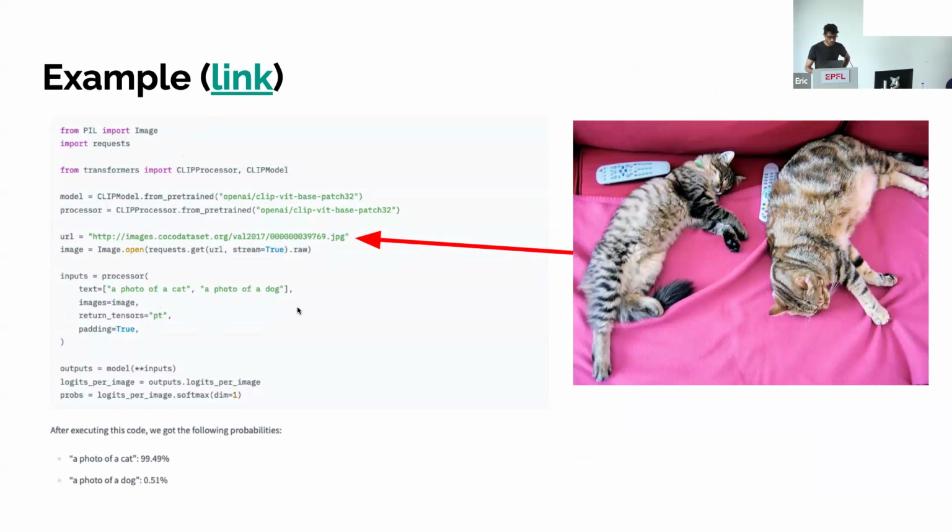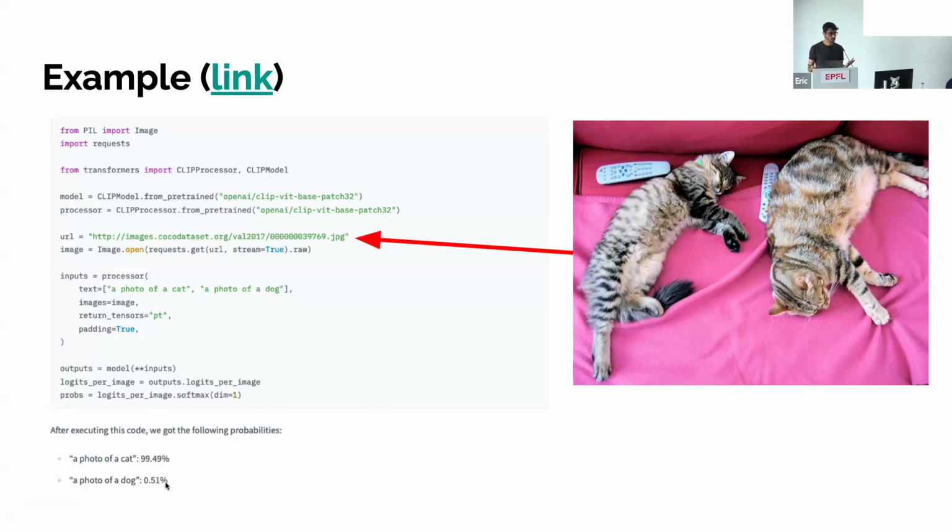Here, a photo of a cat, a photo of a dog, but you could add a photo of a zebra, and so on. Then you pass your images, and it computes all the image-text pairwise scores. When you see the scores, the score for a photo of a cat with the image is much larger than for the dog example. So that's how you could do zero-shot learning.